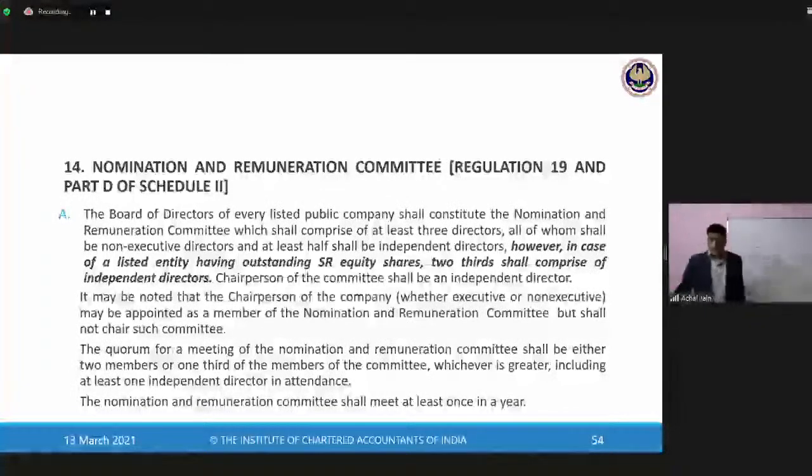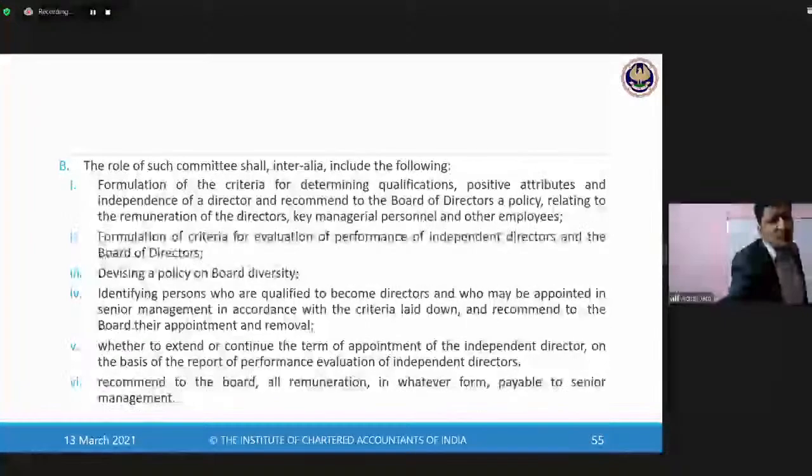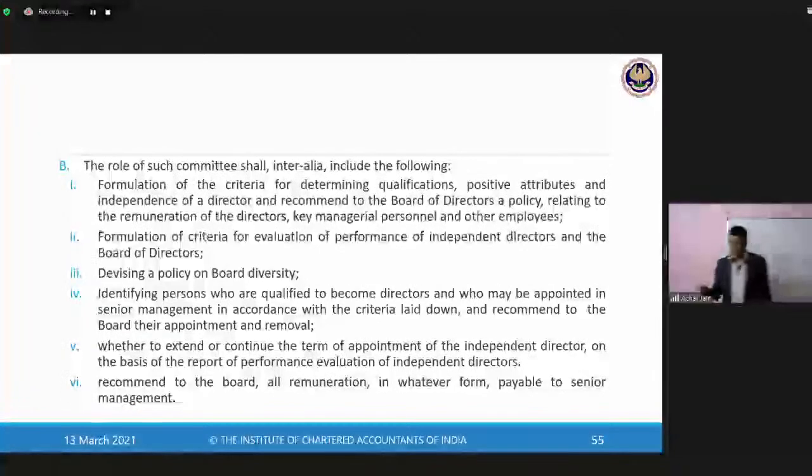Okay. So let's understand the role. I think the most important point for us again is not really to get onto all of these numbers, because as I have told you, the numbers are something which you'll have to just learn. So let's understand what's the role of this Nomination and Remuneration Committee.